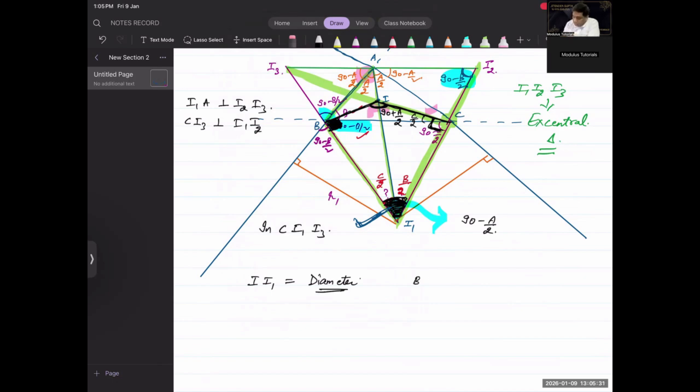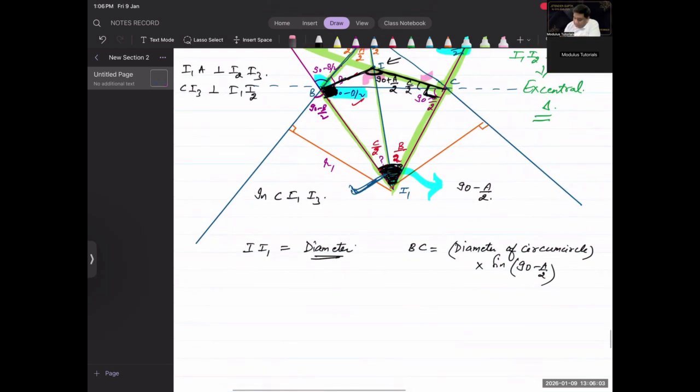So any chord is equal to, as I had already mentioned to you, the diameter of the circumcircle in sine rule I had taught you, right? Into sine of the opposite angle, right? Now the opposite angle over here you can take as sine of the opposite angle, which is 90 minus A by 2. You could have taken this also. Same thing, doesn't really matter.